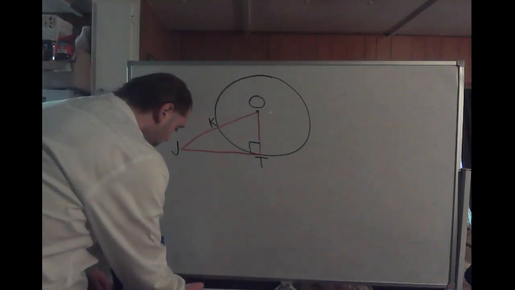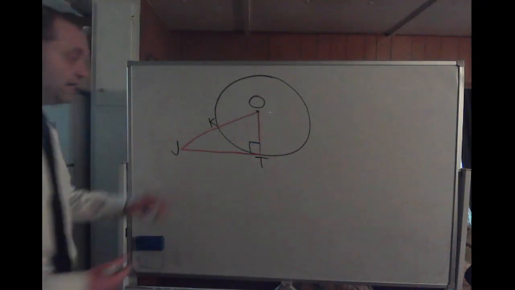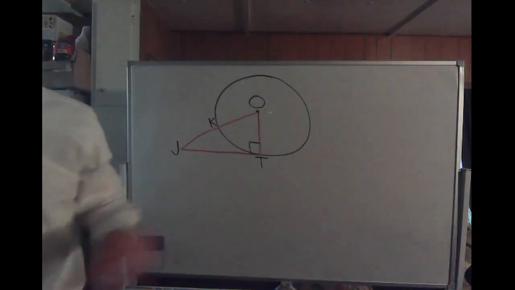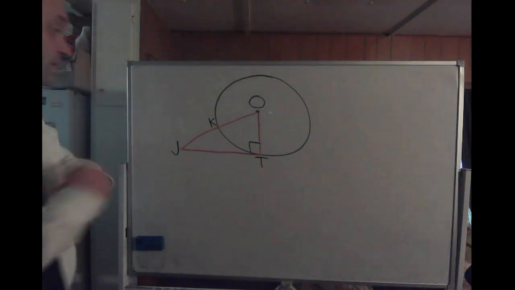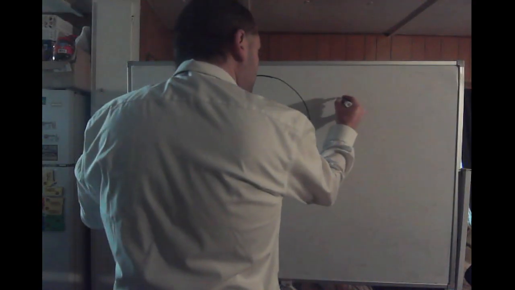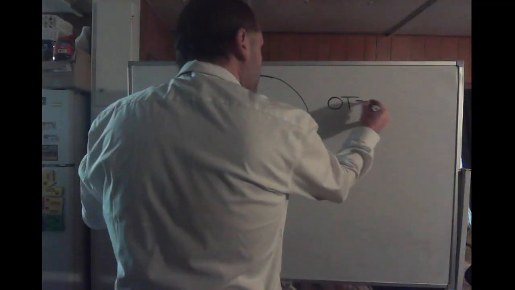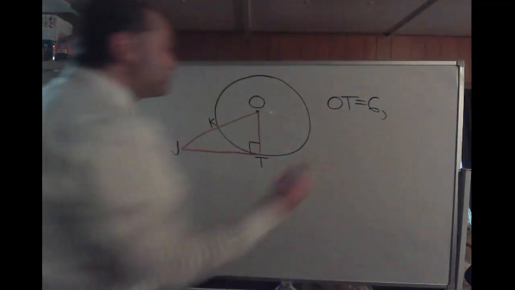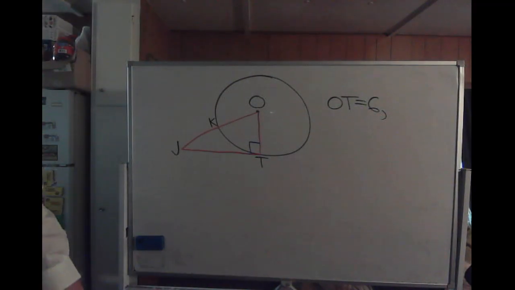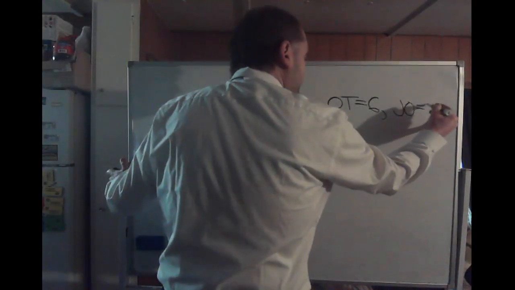So we're going to do a few exercises here and solve for lengths. So let's see, we are given that OT is equal to 6, JO equals 10.